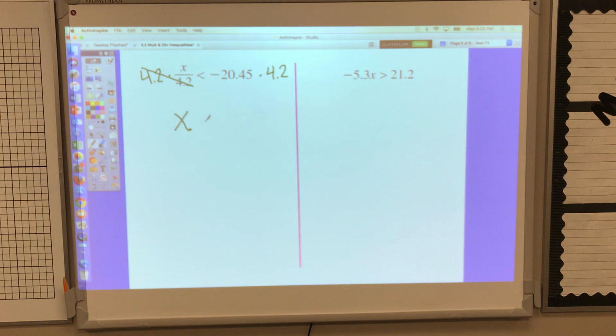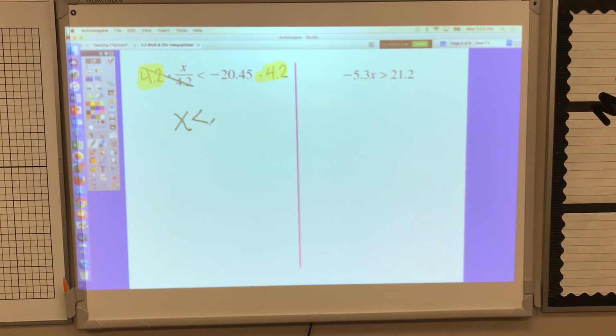And what I did was I multiplied both sides by a positive number. This 20.45 is negative, but what I multiplied by over here, this number is positive. What I did on both sides was positive. So in this problem, my symbol is going to stay less than.